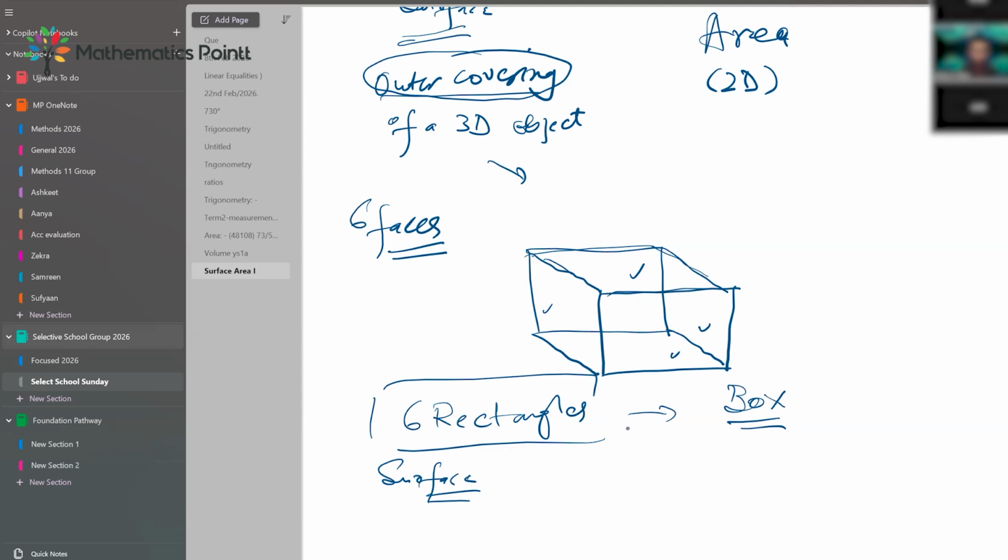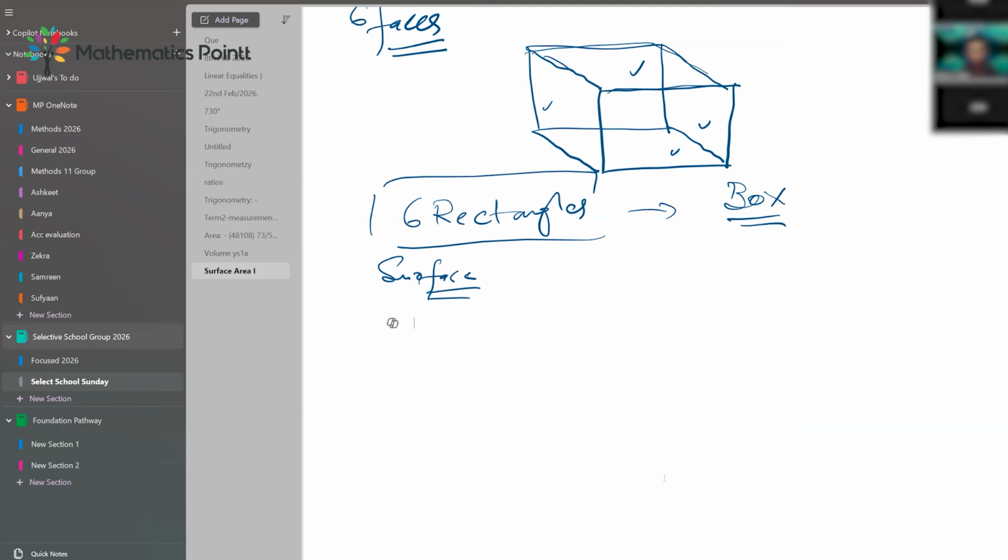Now, each of them being a rectangle, what is the area of a rectangle? Area of a rectangle is length times width. So essentially, there are 6 rectangles coming together and we are just adding their areas up. So you should have 6 times length times width. That is nothing but the surface area of a rectangular shoebox.